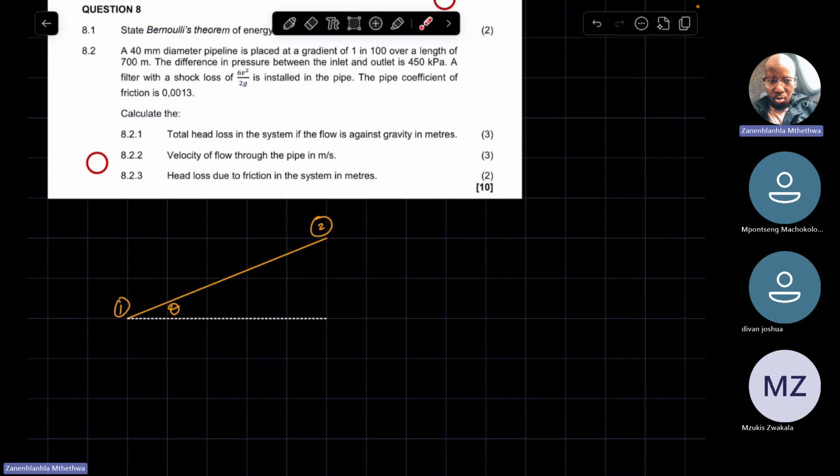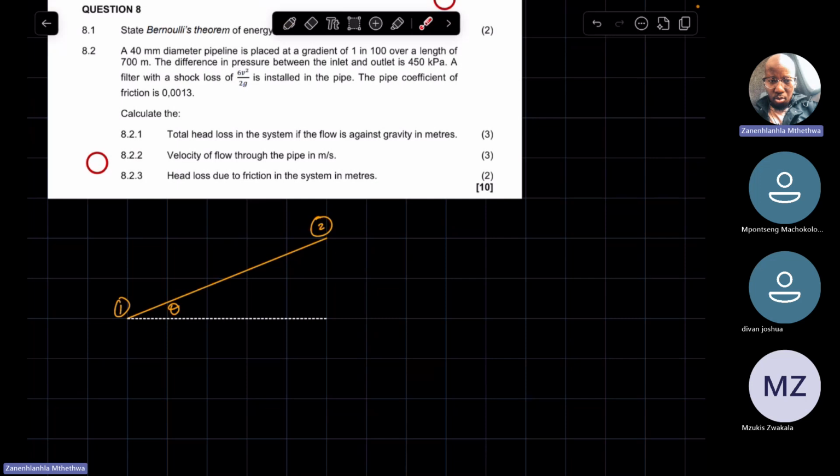Sir, can I ask you a quick question? If they ask you to work out the two pressures, say now the difference in height, since one is on the ground level, so there was no height, how do you work out the inlet? Using Bernoulli's principle. You would then use Bernoulli's principle.